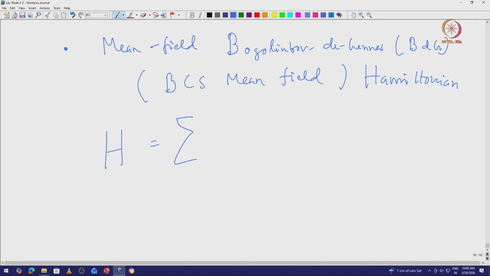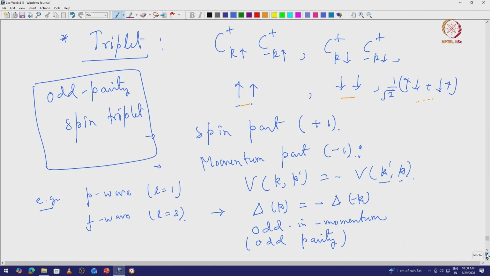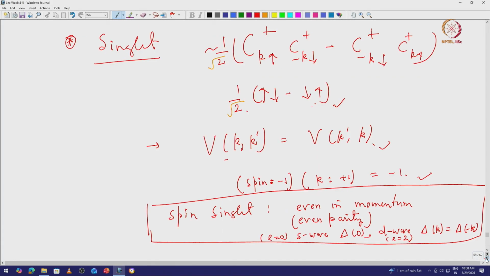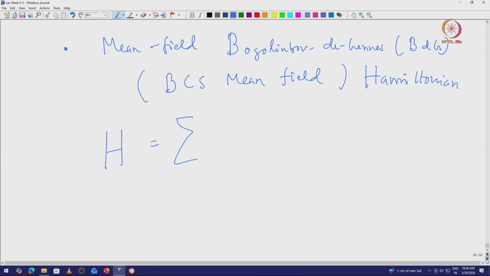So, I only talked about an interacting part. There is also a non-interacting part of the Hamiltonian, which is kind of a tight binding Hamiltonian, and we will have some dispersion, and we are not putting a spin dependent one.